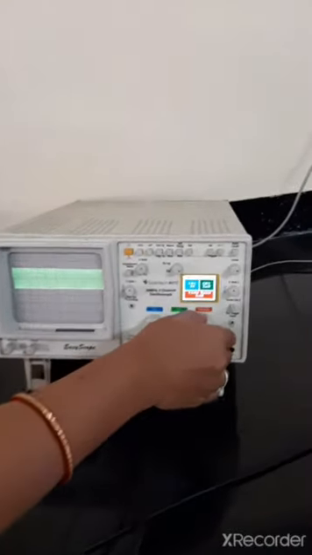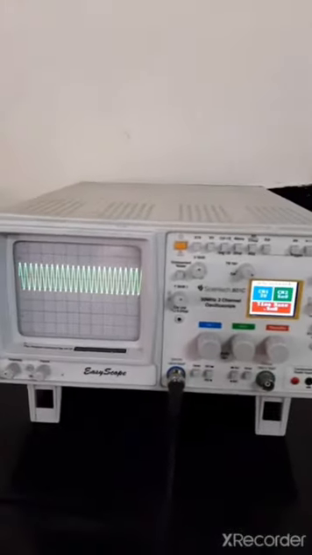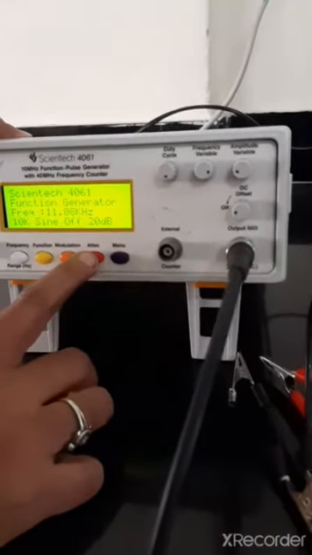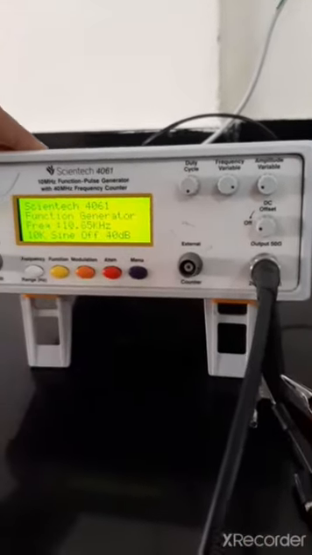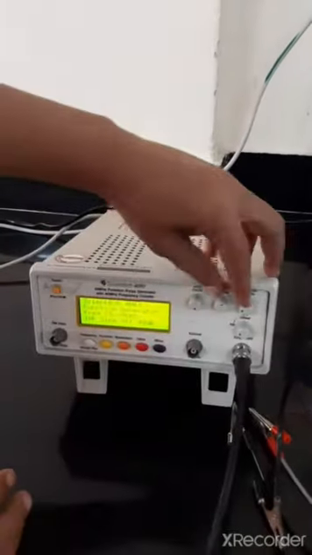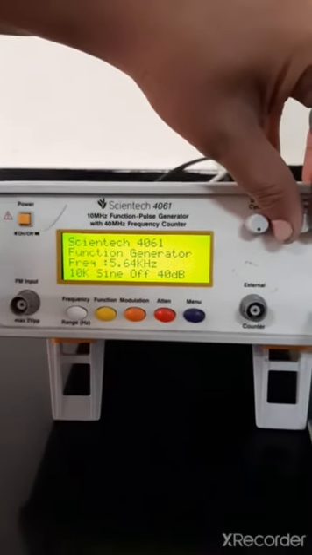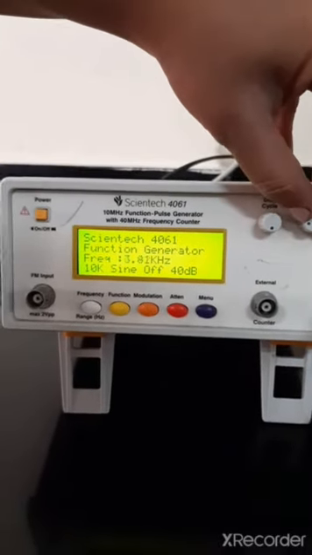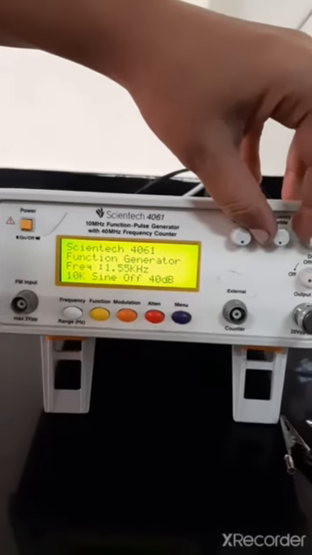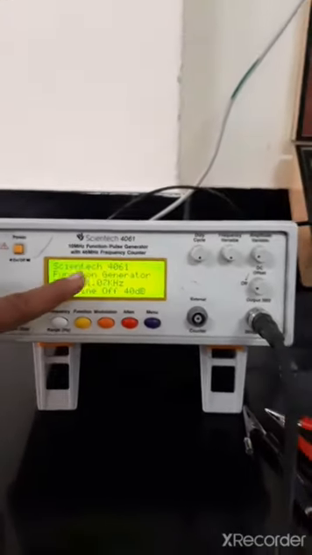Here we get a sine wave. Then press the attenuation button on 40 dB. Now set your frequency as 1K. This is our 1K frequency.